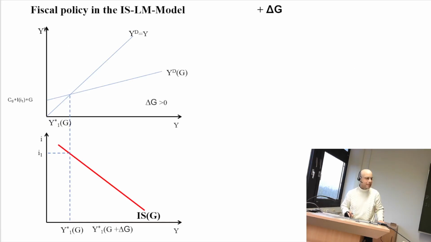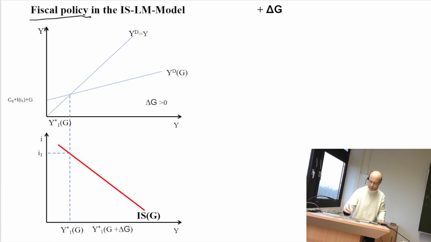Okay, and now we want to start with the interesting part, because now what happens if the government or the central bank intervenes? So what happens in our economy if we are doing fiscal policy? This we already also discussed in our Keynesian commodity market, where we deduced the fiscal multiplier, the government expenditure multiplier.